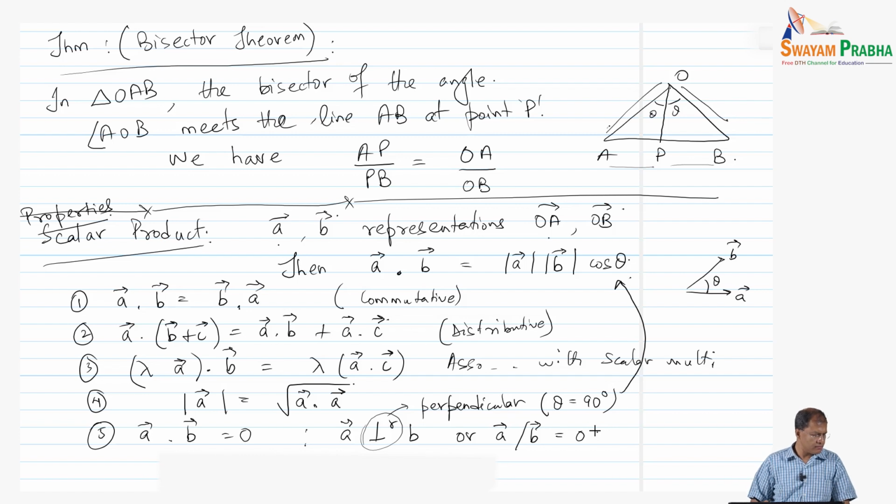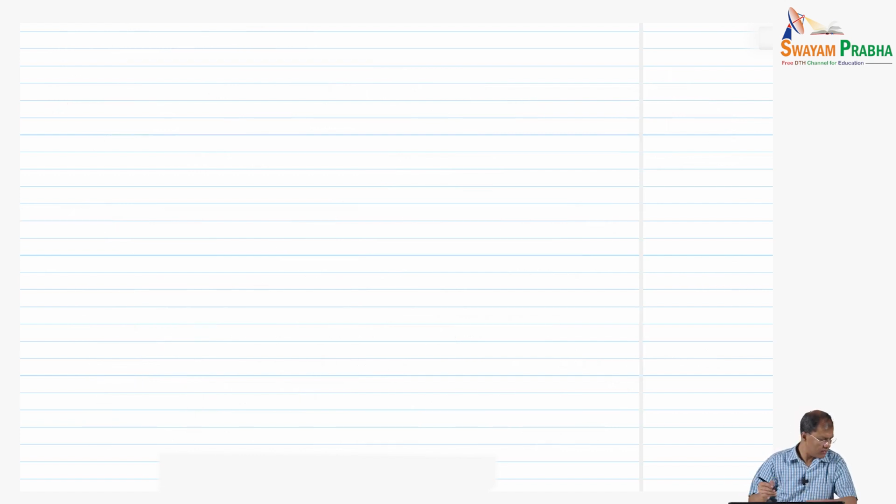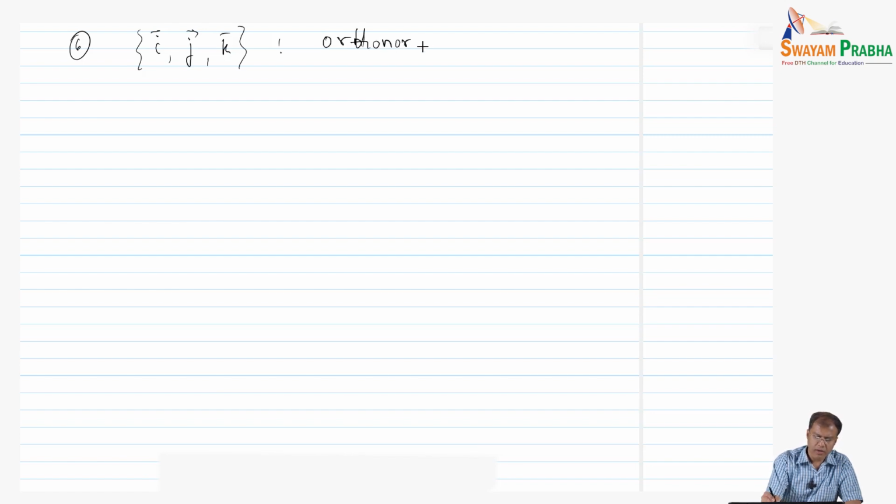And then the other results are, well, how many? Well, this is number 6. So my other results are: I suppose this set I, J, K is my set of orthonormal vectors, orthonormal bases.